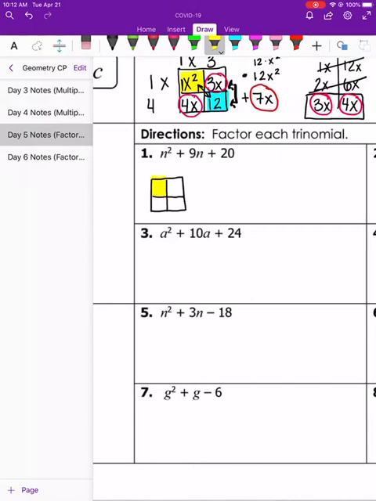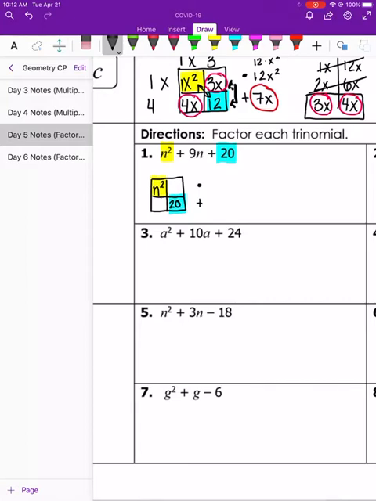Again, what goes in this first box and my last corner box are what we put in first. So my first box is the n squared. My last box is the 20. Okay? So I need two numbers that multiply and add to something.